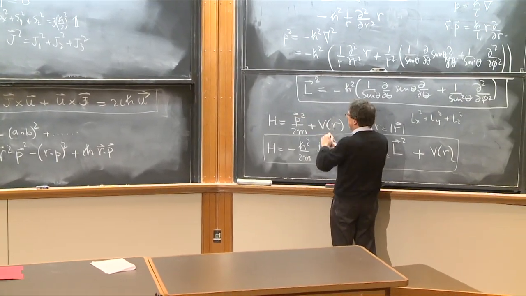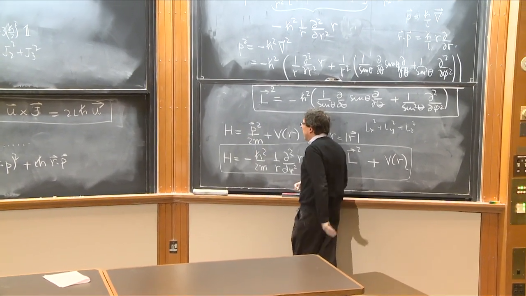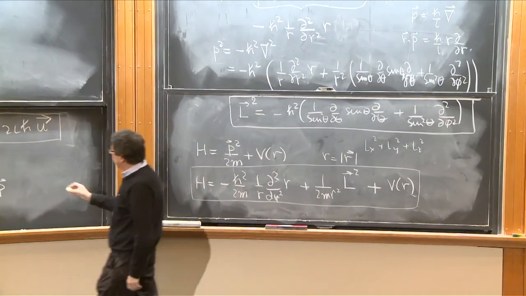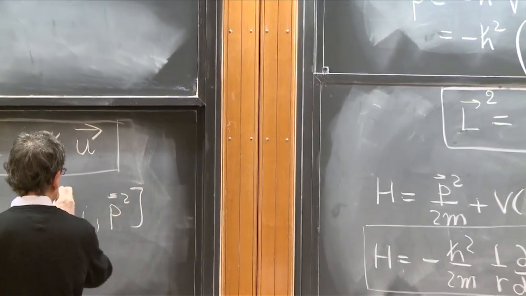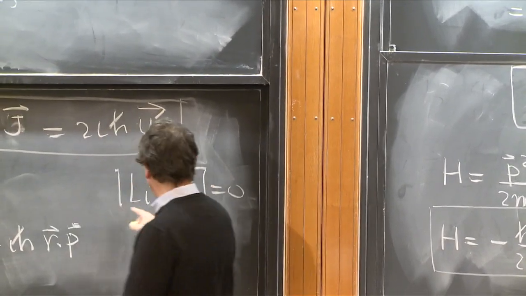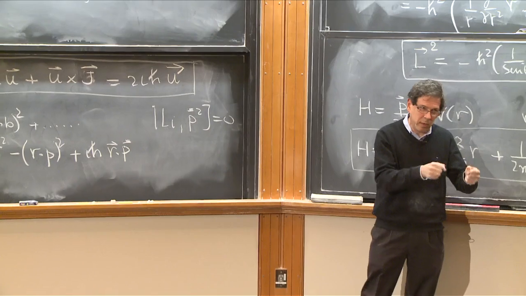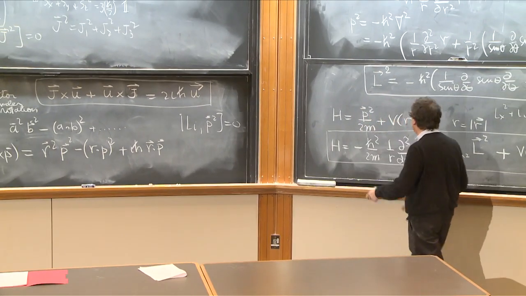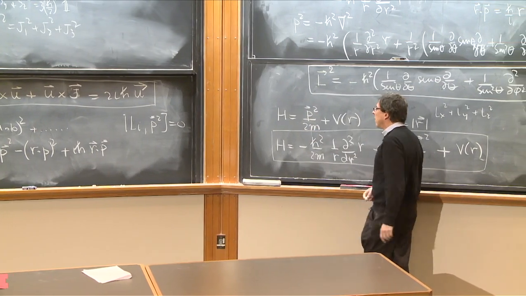You can see it here. You have p squared, and the Li's commute with p squared because p is a vector under rotations. P doesn't commute with Li, but p squared does because that was a scalar. So this term commutes with any angular momentum operator.